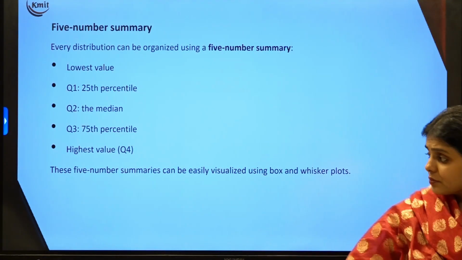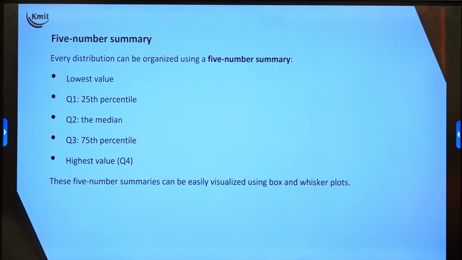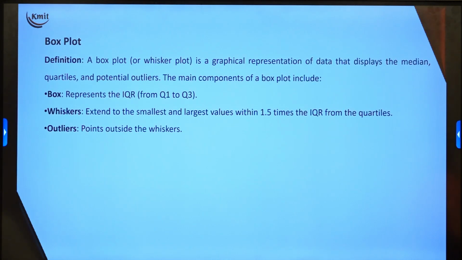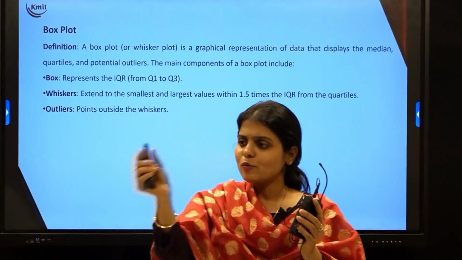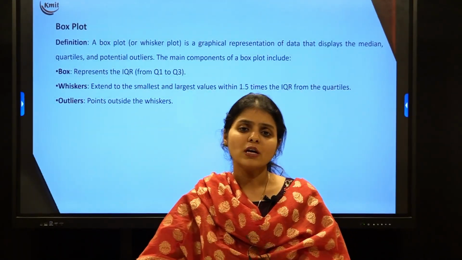This 5-number summary gives us a picture of the entire data set and how far the data points are spread. If we want to visualize the minimum value, the maximum value, how far the data is spread, and what Q1 and Q3 are, we go for a box plot.